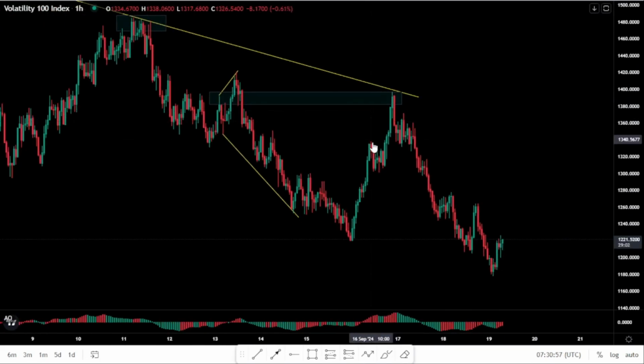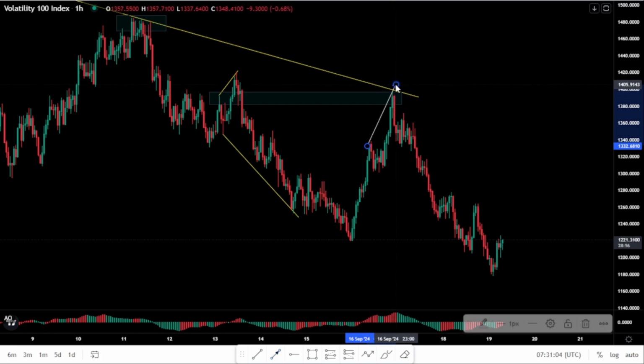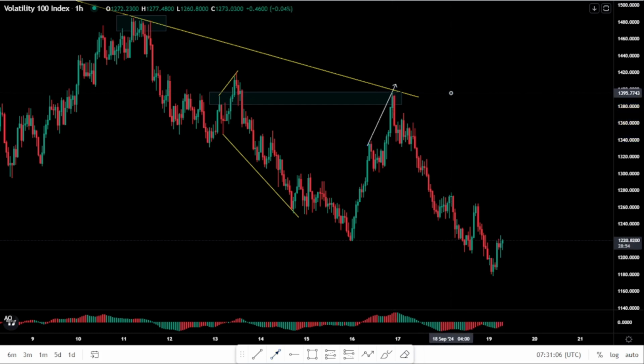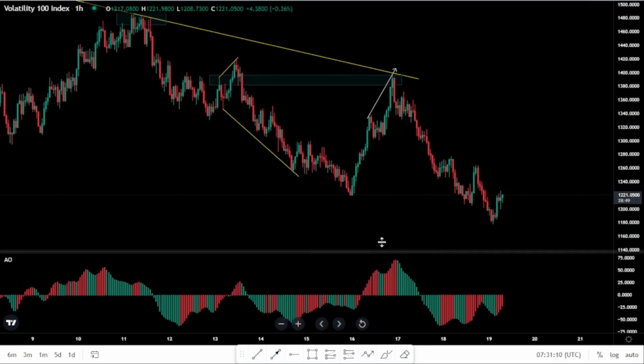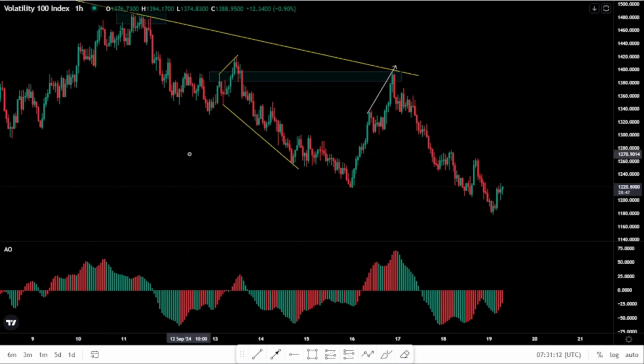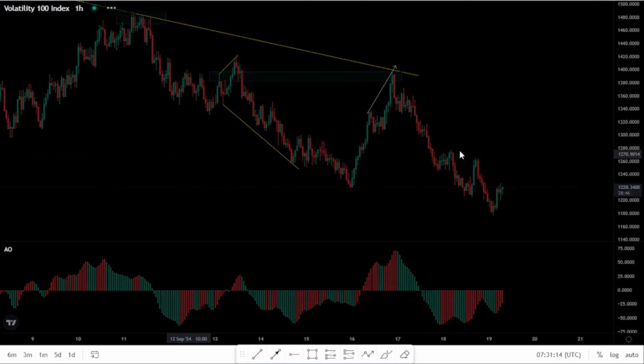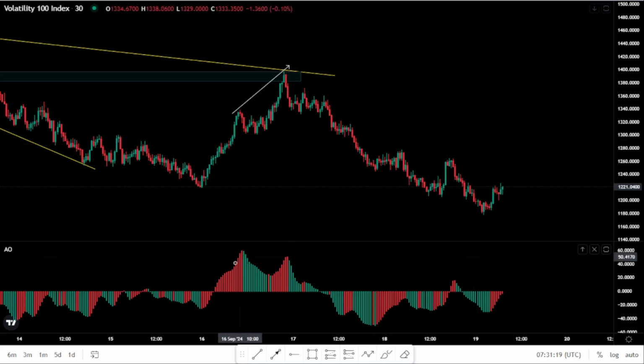So also, guys, we can look at this level over here. While the market was giving us higher highs, we want to see if we had our divergence. It's not clear on the 1 hour time frame. Let's go to the 30 minutes time frame and see, and look at that beautiful divergence.